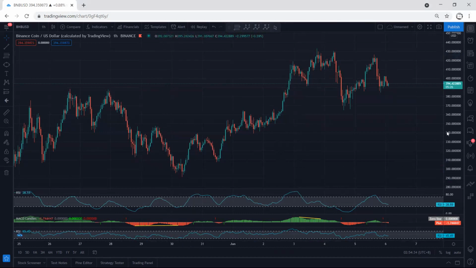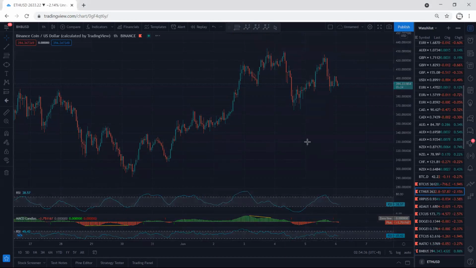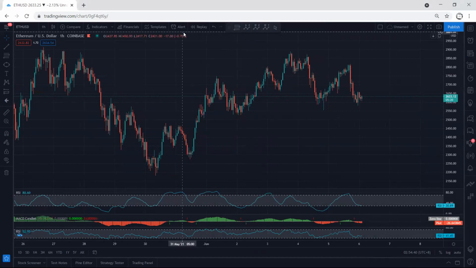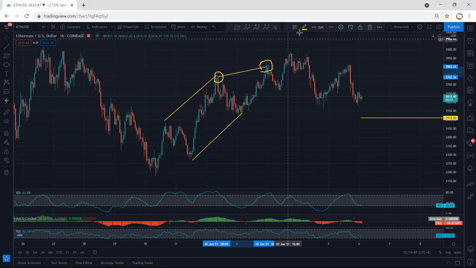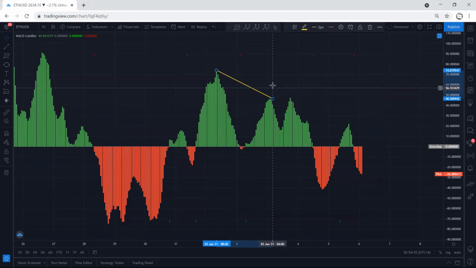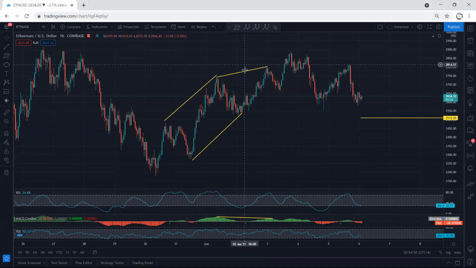For example, if I move to the ETH, we will see the same thing. We have been looking at this graph. If we put this top relative to the previous one and put our line here, and if I remove everything and refer to the indicators, we see it is losing momentum.